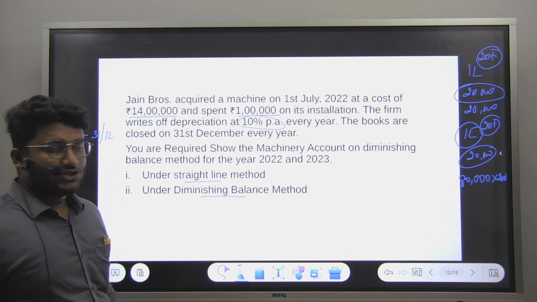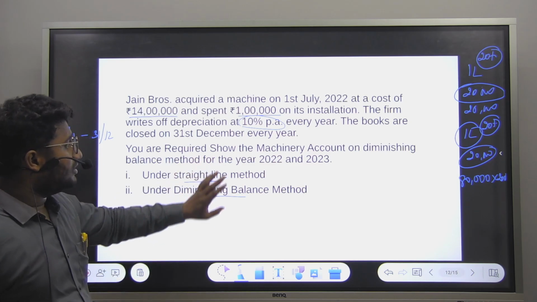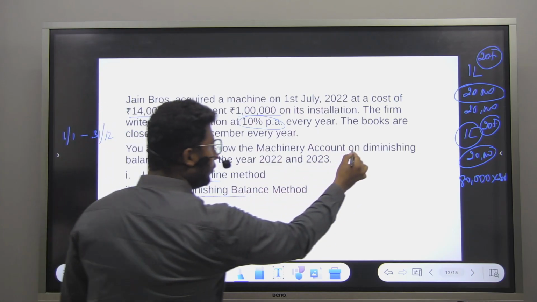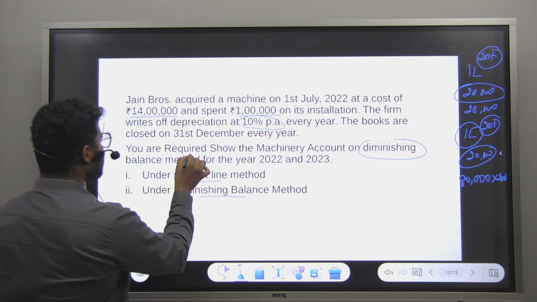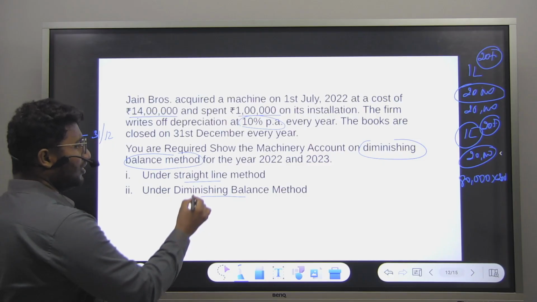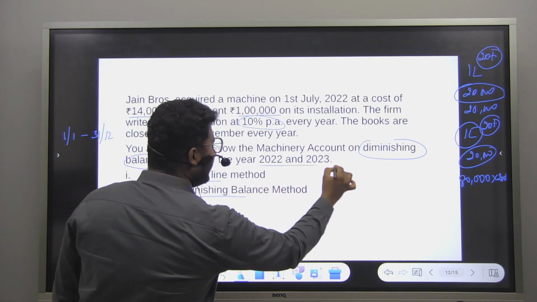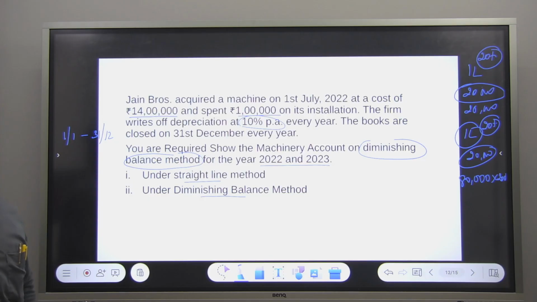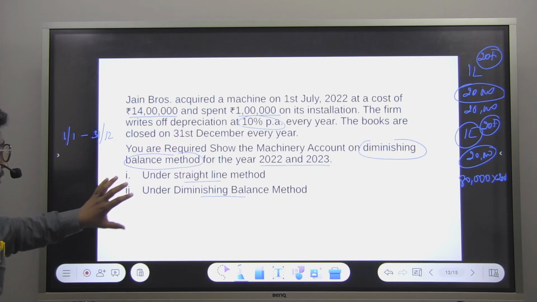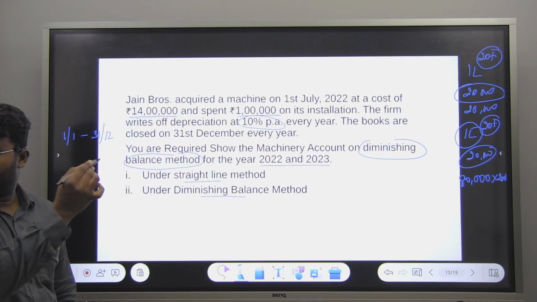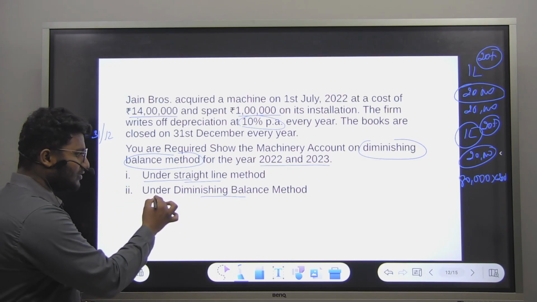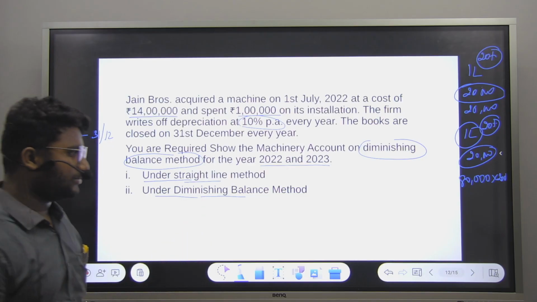You're required to show the machinery account on diminishing balance method. Okay, we will do it for both the methods, straight line method as well as the diminishing balance method. So you are required to show the machinery account for the year 22 and 23. So for the same question, we will prepare the machinery account under straight line method as well as under diminishing balance method.